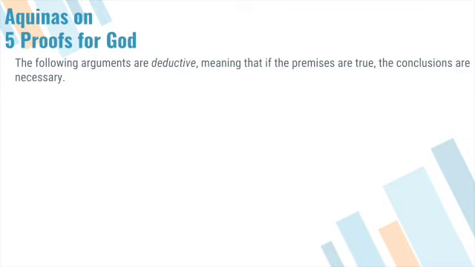Deductive reasoning is more like math. If you understand what 2 means, and if you understand what addition means, then you can understand that 2 plus 2 is 4. That's deductive reasoning. That cannot fail. That if the premises are true, the conclusion has to follow from them, right? So these are deductive kinds of reasoning.